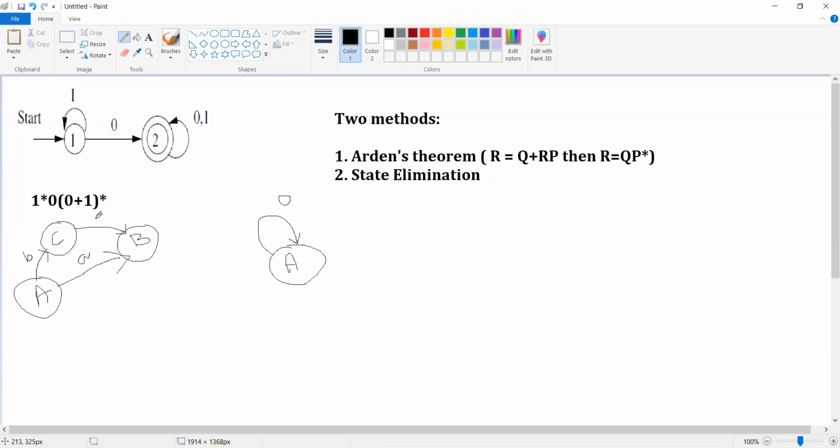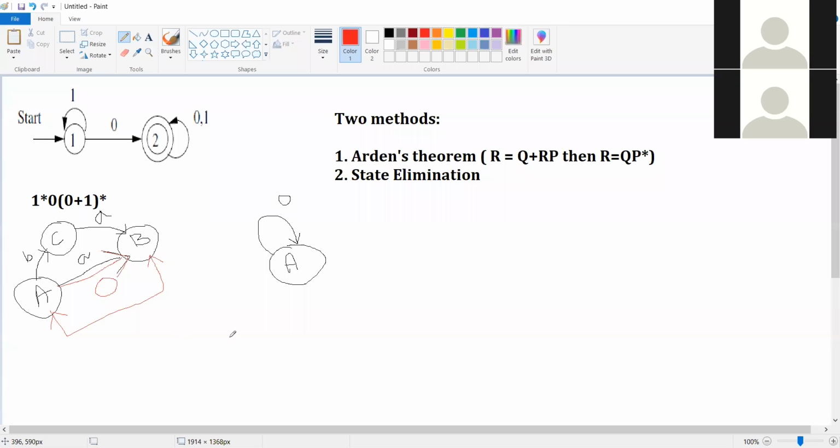Now please observe what I want to tell you. When I want to move from state A to state B, it is possible without any intermediate nodes. In between A and B, I don't have any intermediate nodes, which means I have 0 intermediate nodes.